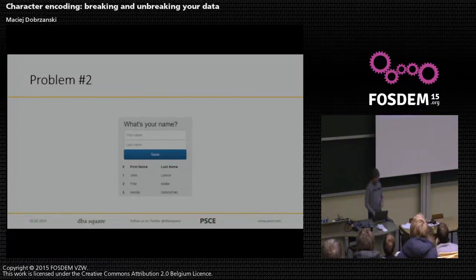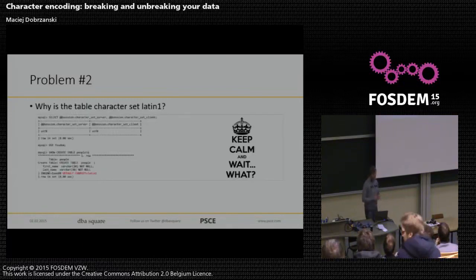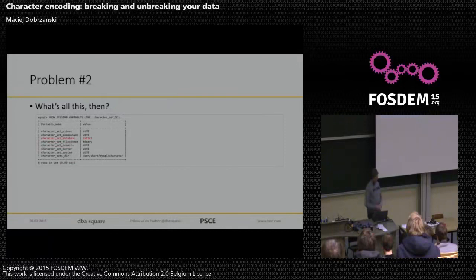So we fixed the problem, but apparently something is still wrong. So we log in, we see that our settings are generally correct, but we look at the table, and it's Latin 1 for no reason. So why? Well, we started investigating configuration, and we see this character set database that is Latin 1.